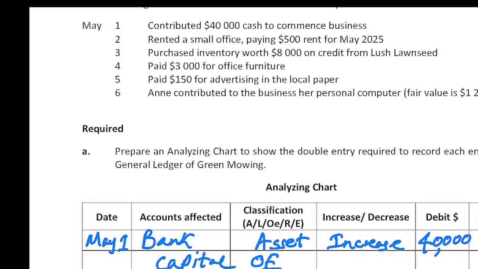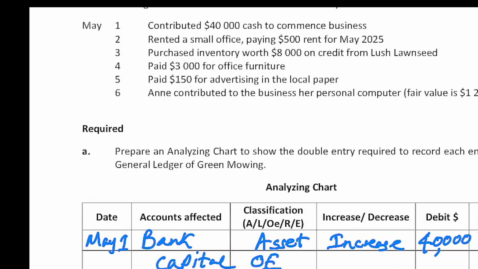Increase or decrease? Increase. Everybody is saying increase except one. Yeah, increase. Why do you say decrease?